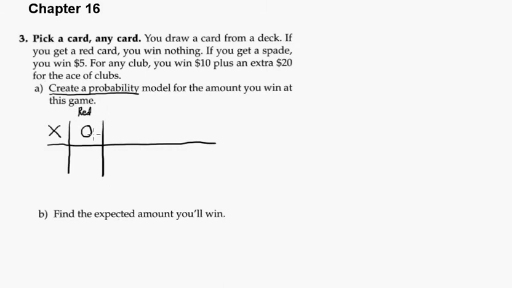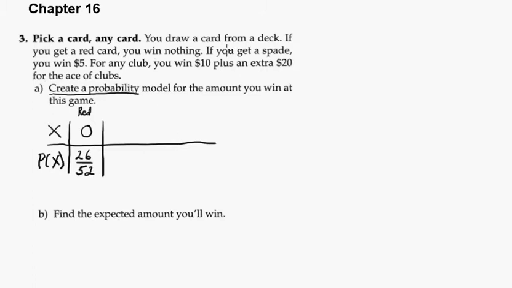And then for each outcome we want to say what's the probability of that outcome. The probability of getting a red card is 26 out of 52, because there are 13 hearts and 13 diamonds.